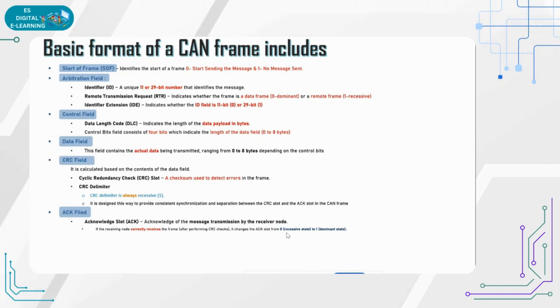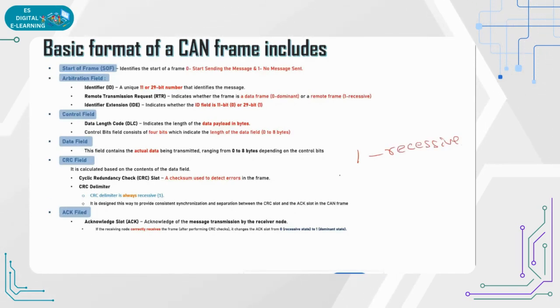Don't confuse the recessive state with recessive. Recessive state means the changing of 0 to 1. And if you say it individually, like if I mention 1, that is recessive.